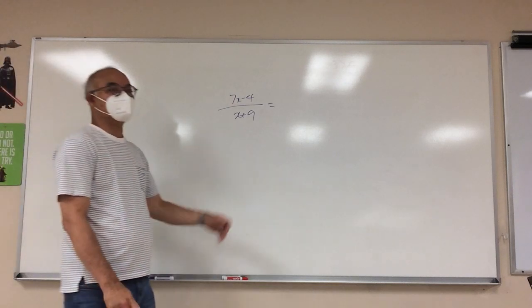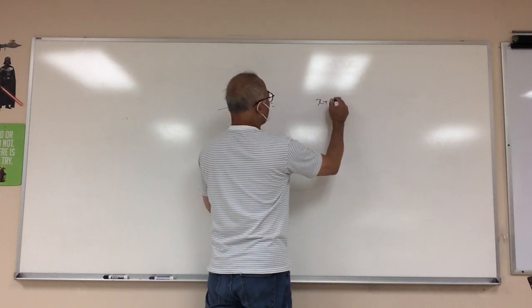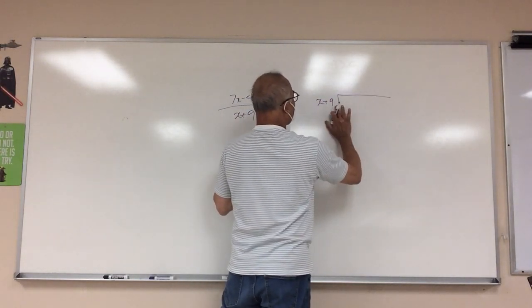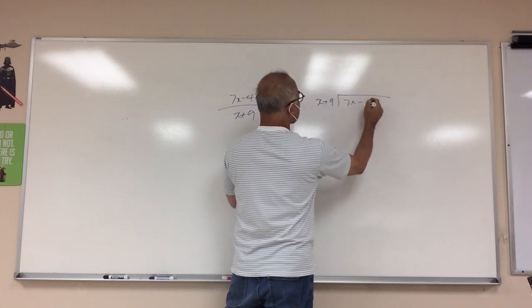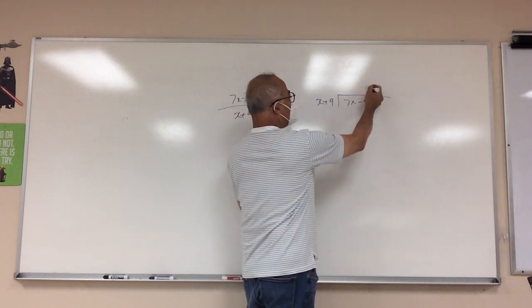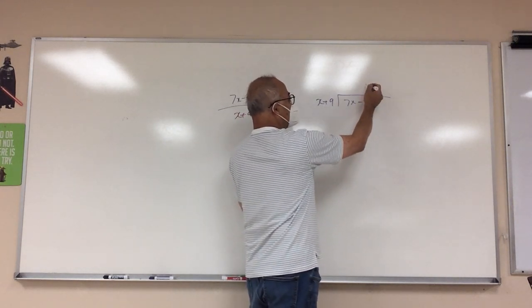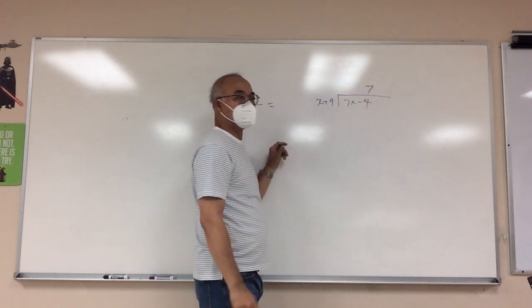Okay, this is where your long division skills come in, right? Divided by 7x minus 4. How many of these go into here? It has to be 7, right?